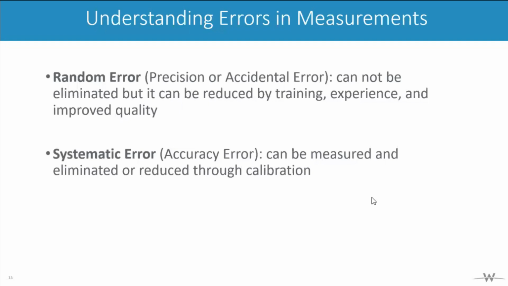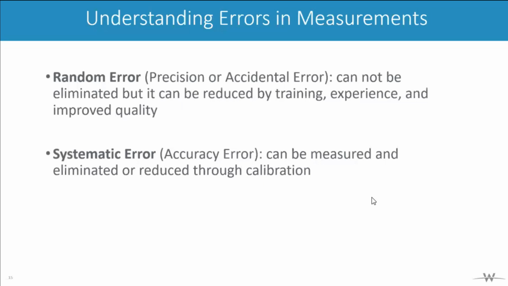I can use a better technique. I can be more careful. I can repeat it multiple times. Those are all best practices to reduce the random error, but you will never be able to eliminate it. On the other hand, we have another error called systematic error.